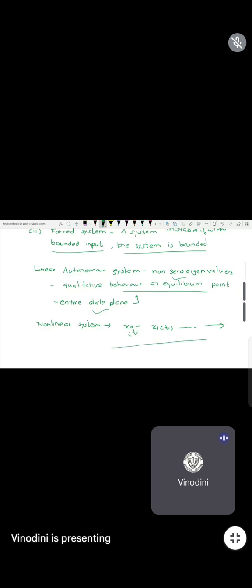So if there are multiple equilibrium points, the trajectory's behavior will not be qualitatively the same at the equilibrium point and the entire state plane. It will be different and it will move away from the equilibrium points, or the trajectory will not be bounded. It will move away from the equilibrium point.